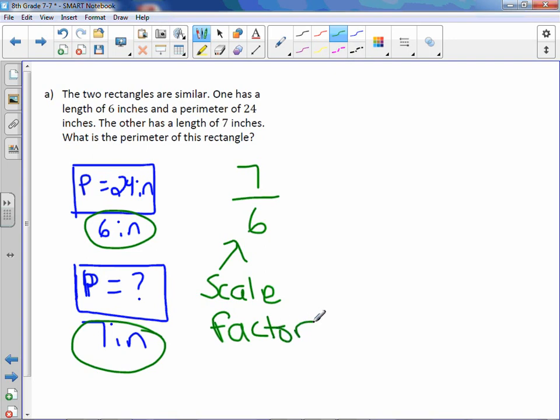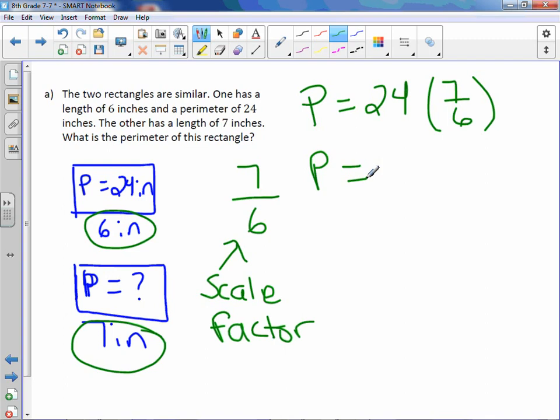So to find the perimeter of figure B, we take the perimeter of figure A, which is 24, and multiply it by the scale factor, which is 7/6. When you multiply 24 times 7/6, we get 28. The perimeter is then 28 inches.